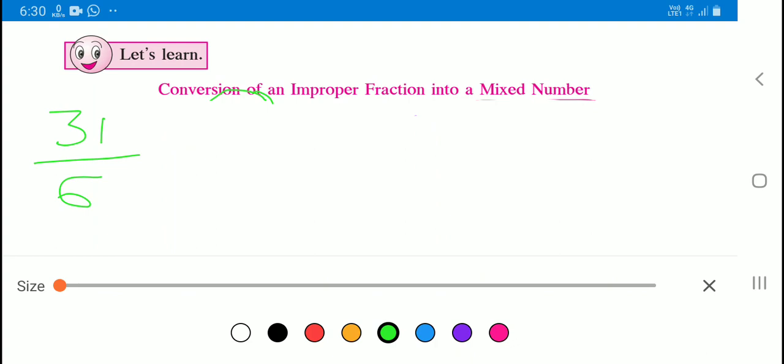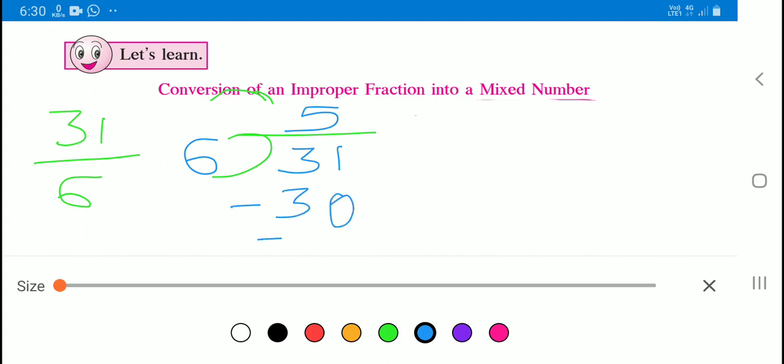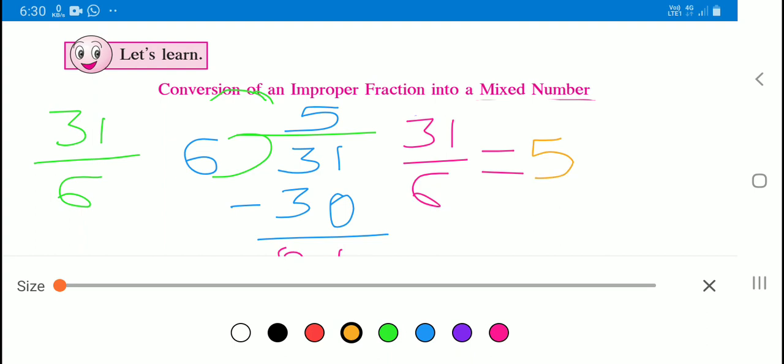Now look here, 31, 6. 6 fives are 30. Then the remainder is 1. So here 31 upon 6 is equal to, quotient is 5, remainder is 1, and divisor is 6. 5 and 1 upon 6.